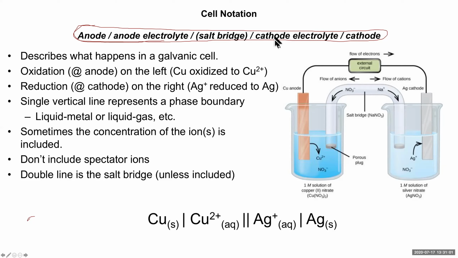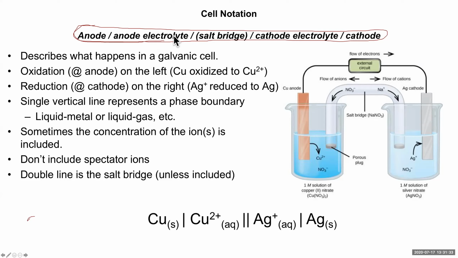So if it's reduction, you'd write the Fe3+ to Fe2+ on the cathode side. If it was oxidation, you put Fe2+ to Fe3+ on the anode side, and they'd be separated by a comma. The salt bridge, sometimes you write the formula for the salt bridge, and sometimes you don't. You don't have to. If you don't write the formula for the salt bridge, you just put a double line in between the cathode and the anode.